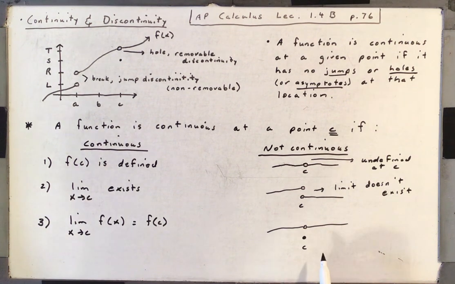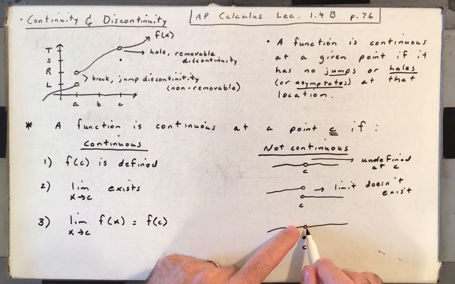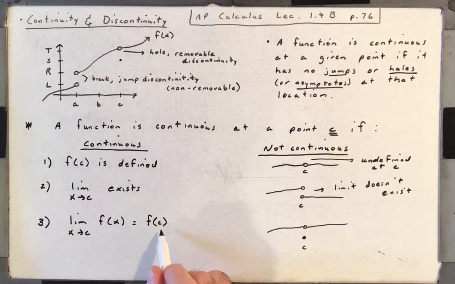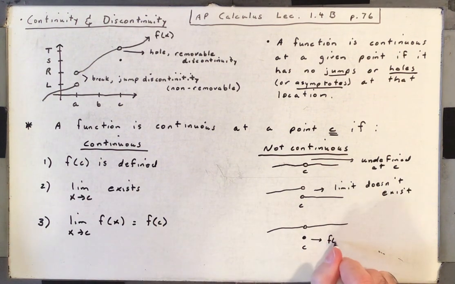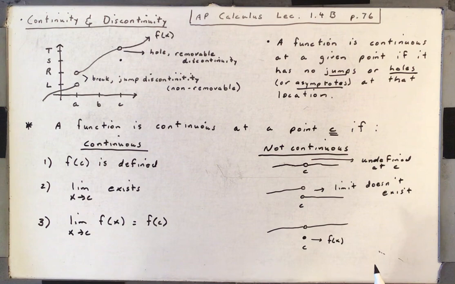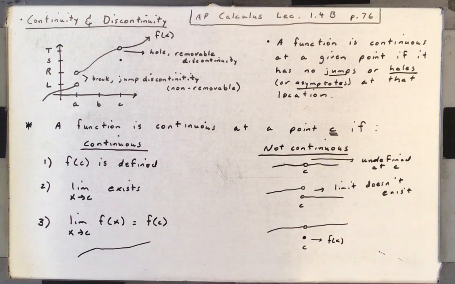In this particular case, the limit is going to be up here, so f of C does not equal the limit of f of x. This is f of x, but the limit would be here. So that would be a not continuous situation. You have to have all three in order for a function to be continuous. Basically, if there's no holes, no jumps, no asymptotes, that's continuous. The graph part of it is pretty simple.